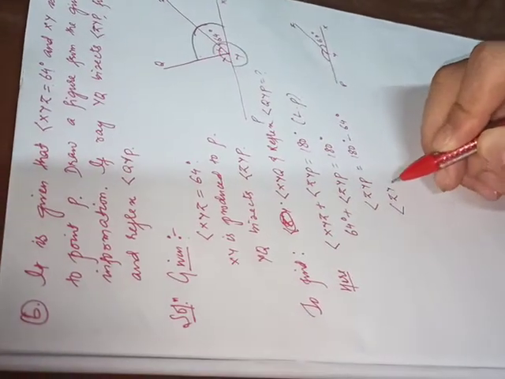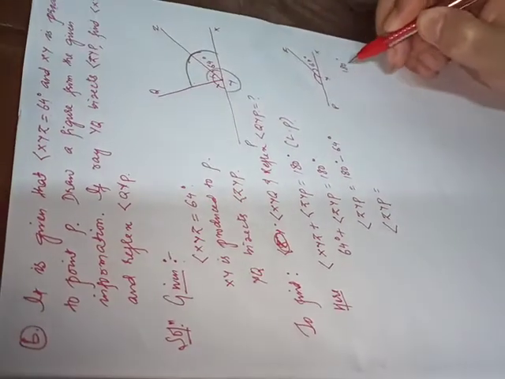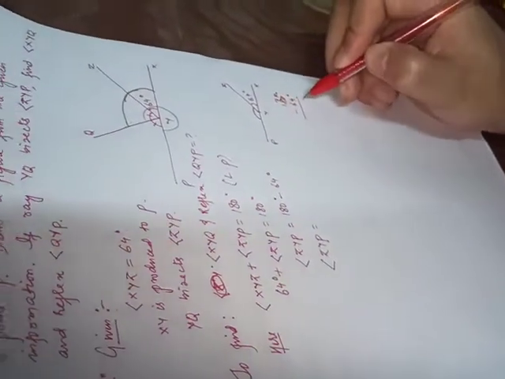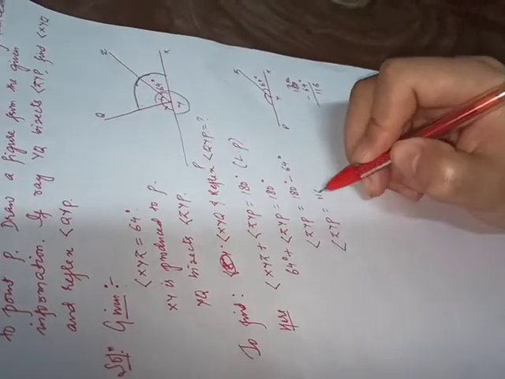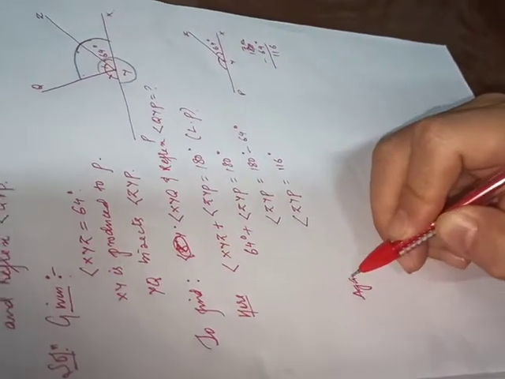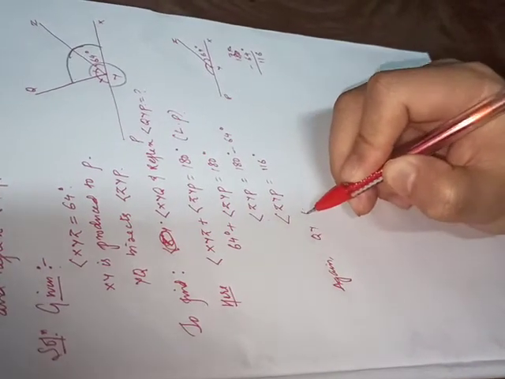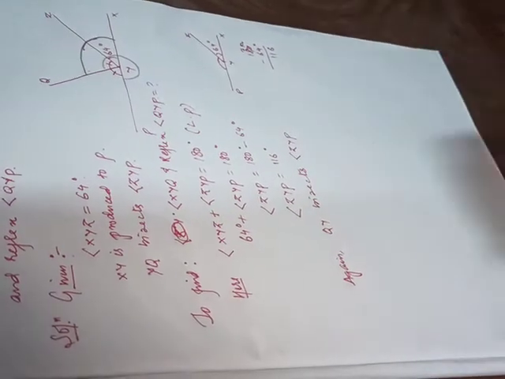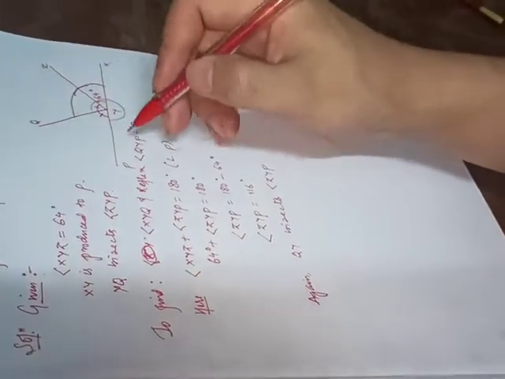From here, angle ZYP equals 180 degrees minus 64 degrees. 180 minus 64 gives us 116 degrees. Again, QY bisects angle ZYP, so it will divide angle ZYP into two equal parts.